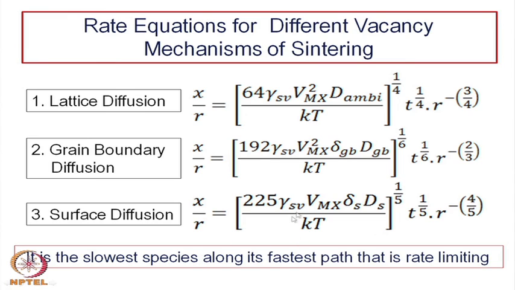And of course, in any kind of process, the limiting one is always the slowest species, which has the low diffusion coefficient, and also along its fastest path. So, these are some of the considerations which we must keep in mind while trying to understand the diffusion mechanism of sintering.